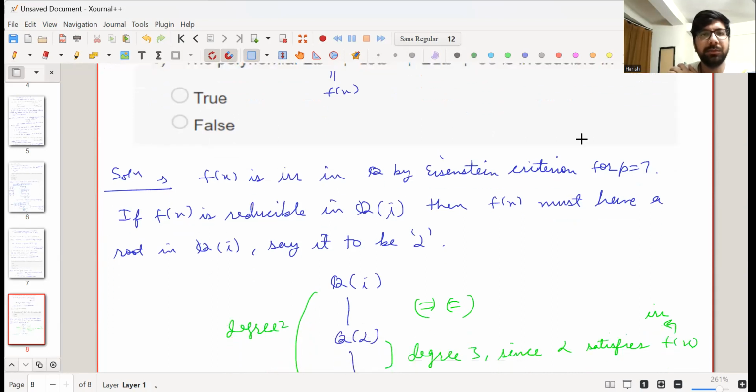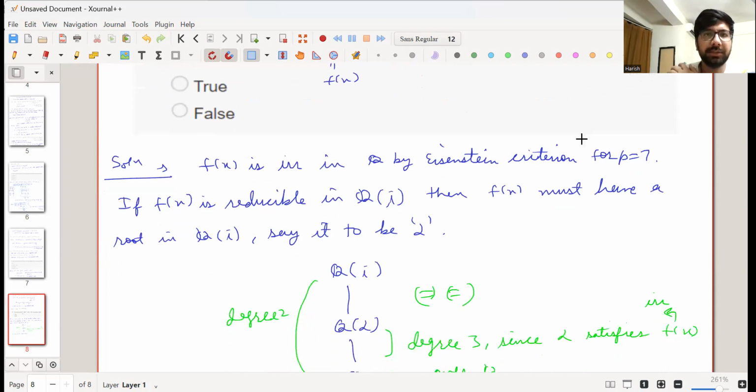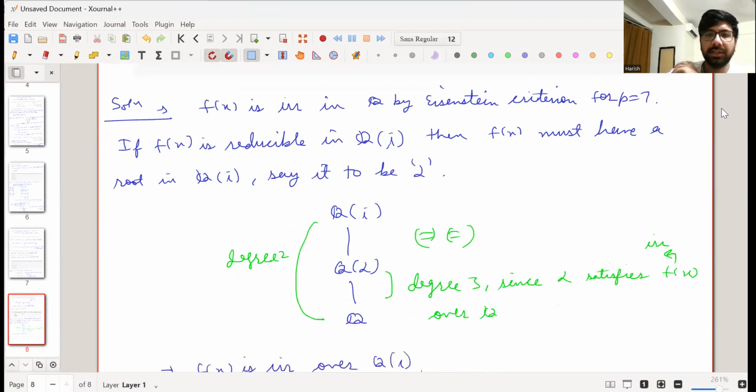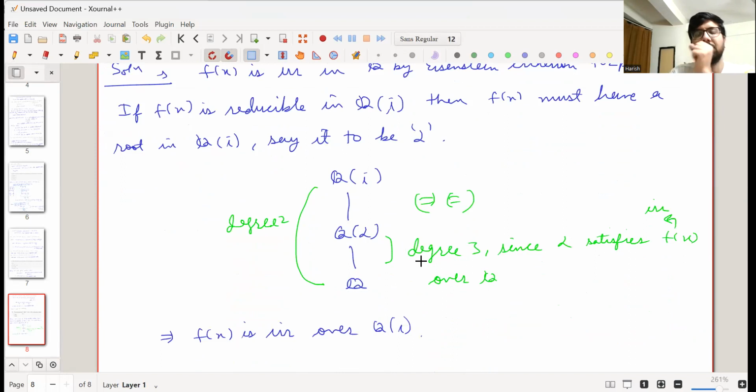Does this work only for degree 3 polynomials, or maybe for any polynomial of larger degree if it is irreducible in Q? Even if it's a degree 5 polynomial, or maybe not. Wait a moment.